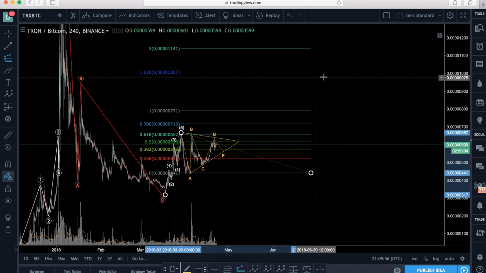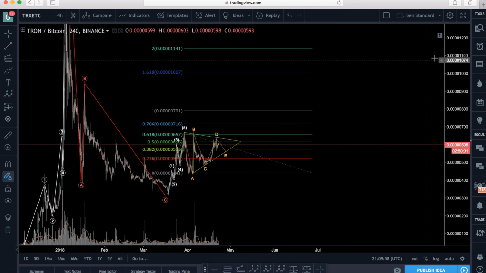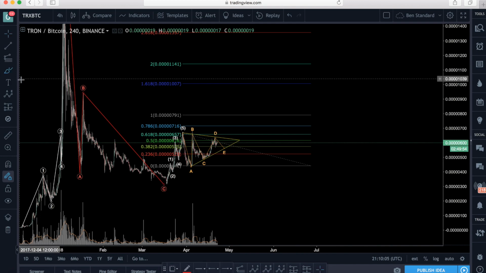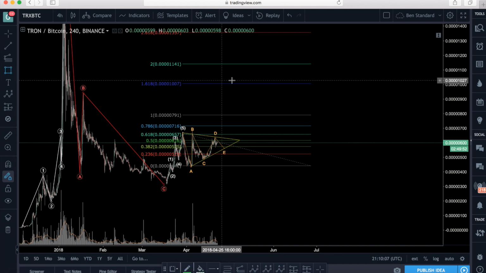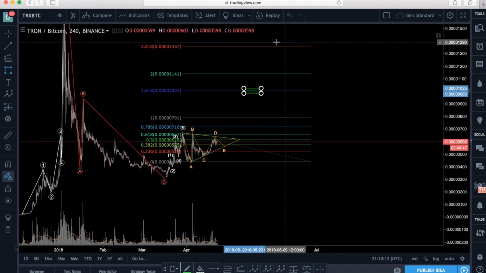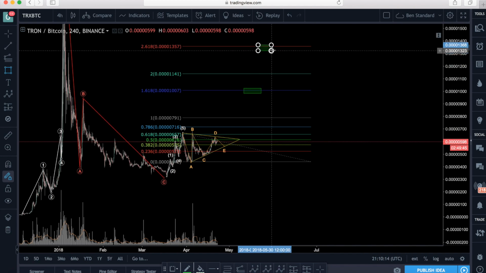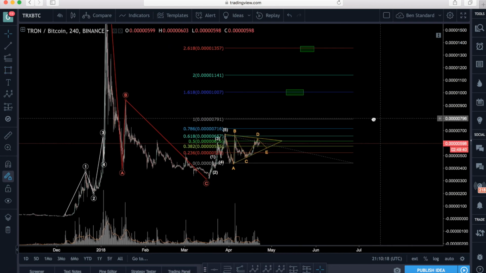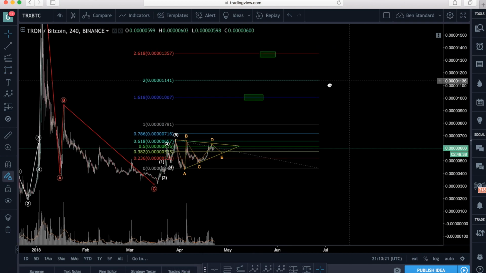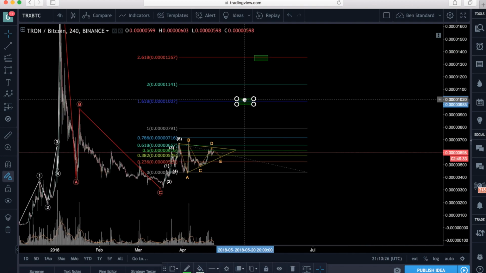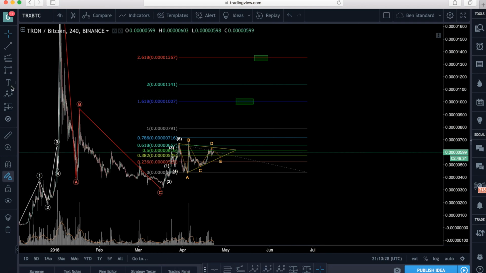And here you can see that around this area is usually where the third wave ends. It's either around here or around here. I would probably aim for this area first and see how it develops.